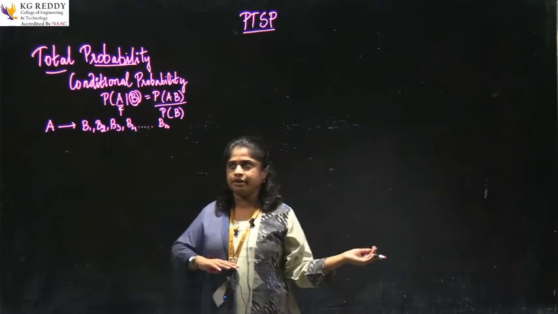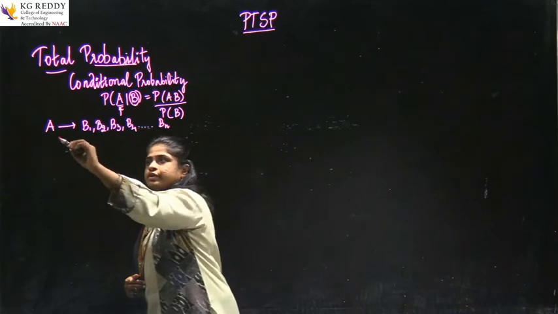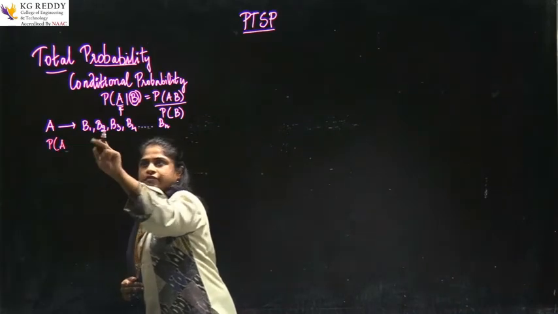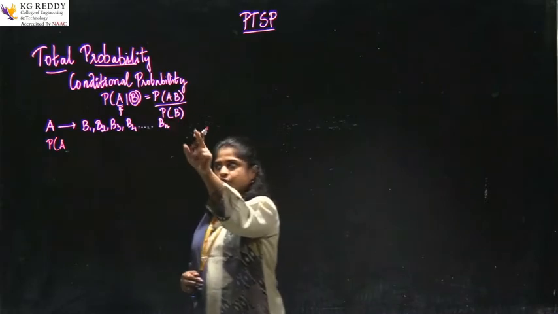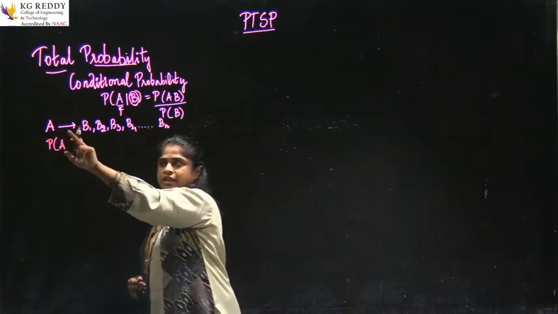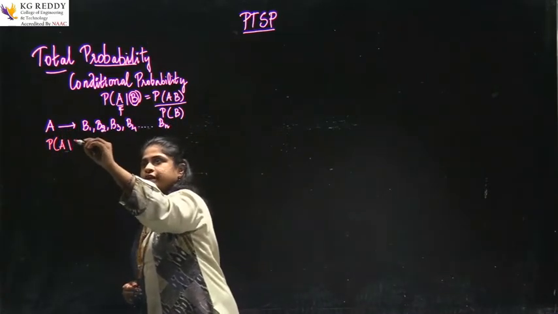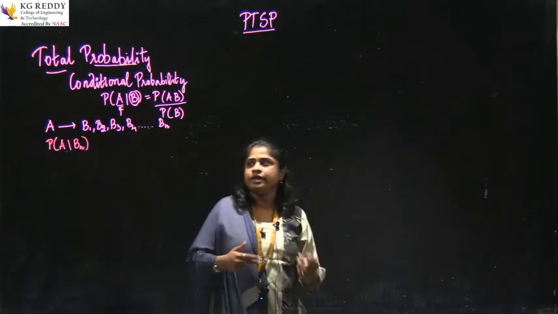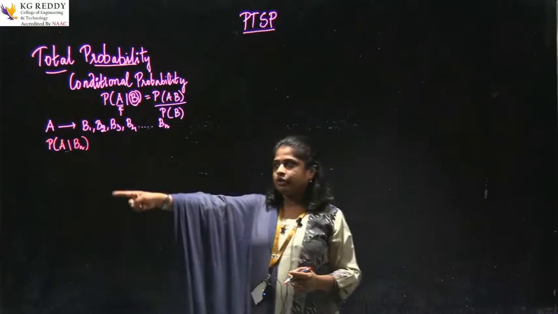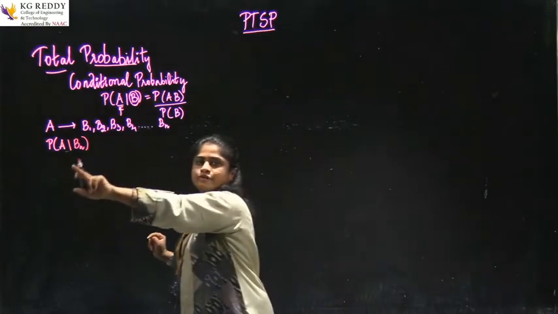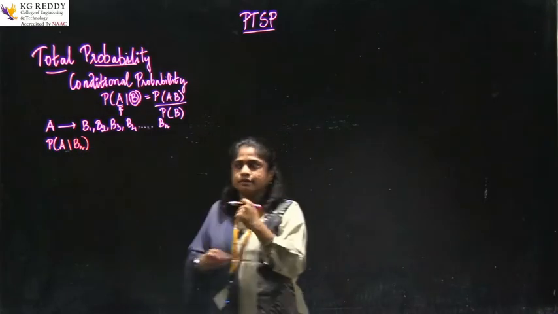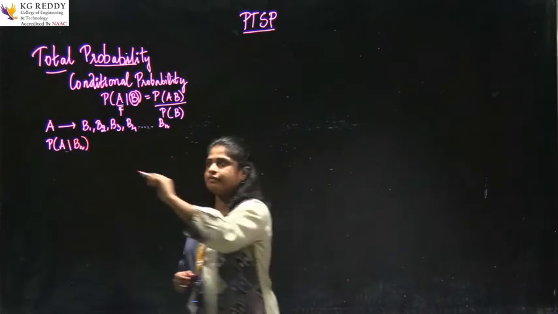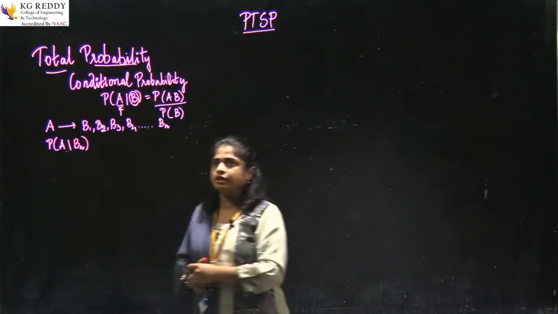Then also we have to define the conditional probability, because after the occurrence of these events only the event A will take place. So, probability of A by Bn. In this manner, we will be defining the conditional probability.